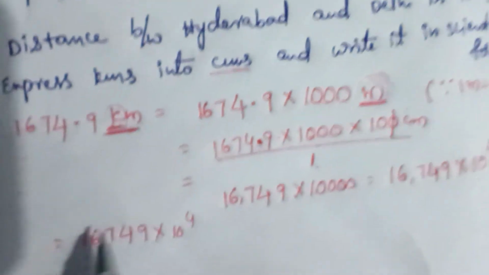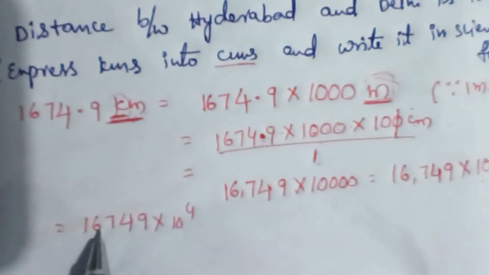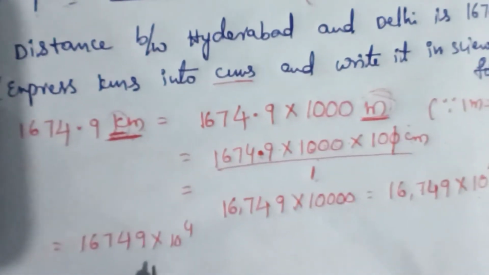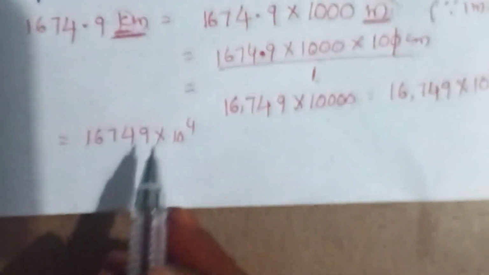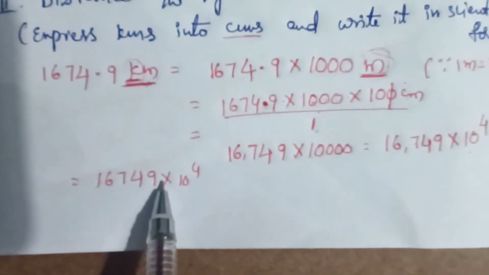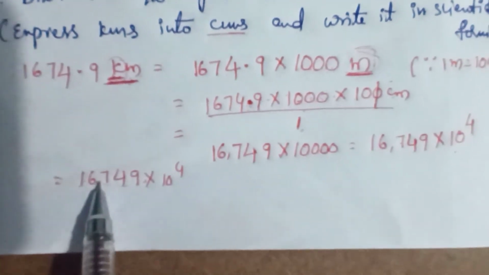Here we put the point between 1 and 6. So how many places did we move from this place to this place? 1 2 3 4.